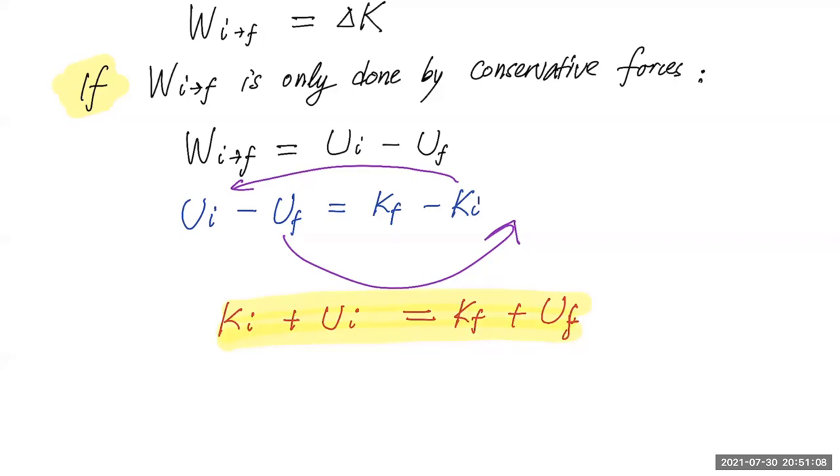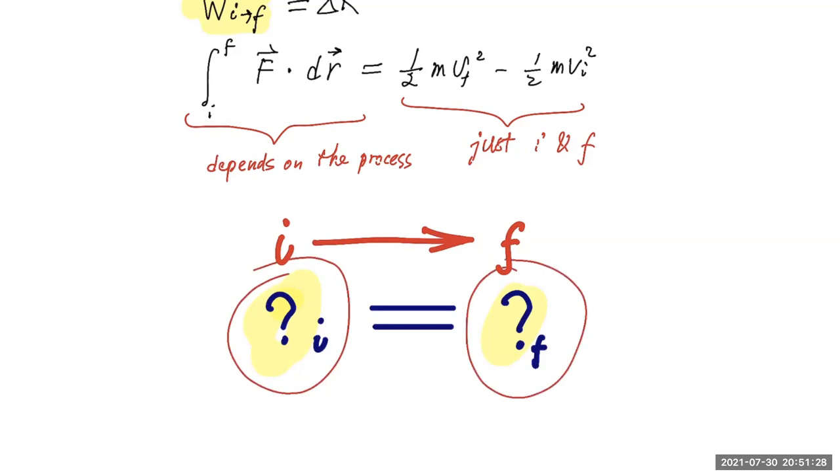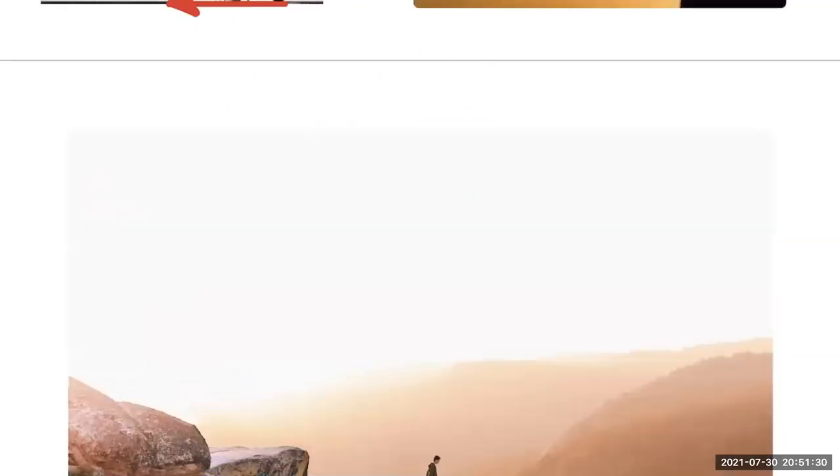Not only did we go from initial to final directly, we also found a quantity that does not change as you go from initial to final. And that is the question mark that I wrote here. So we know what this question mark stands for now. What is this quantity? It turns out to be the sum of the kinetic and potential energy.